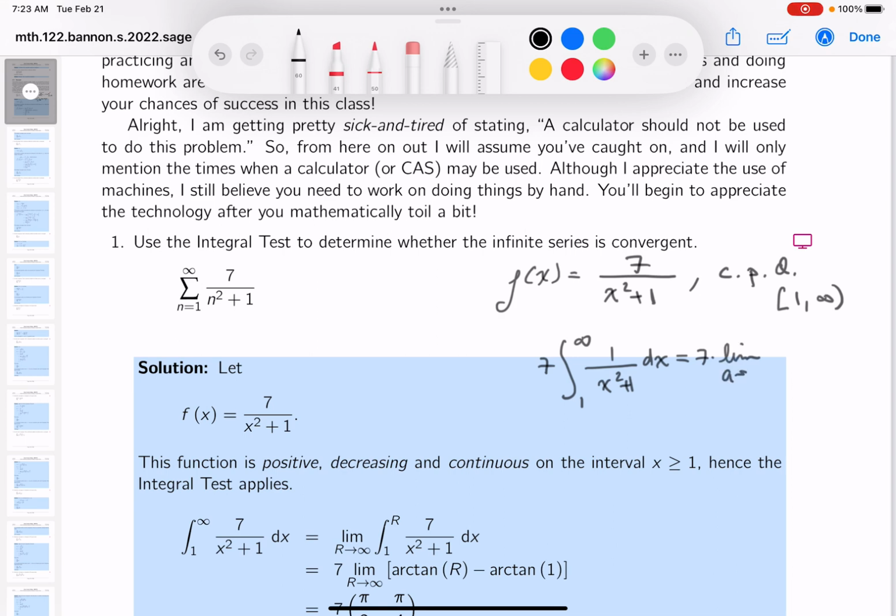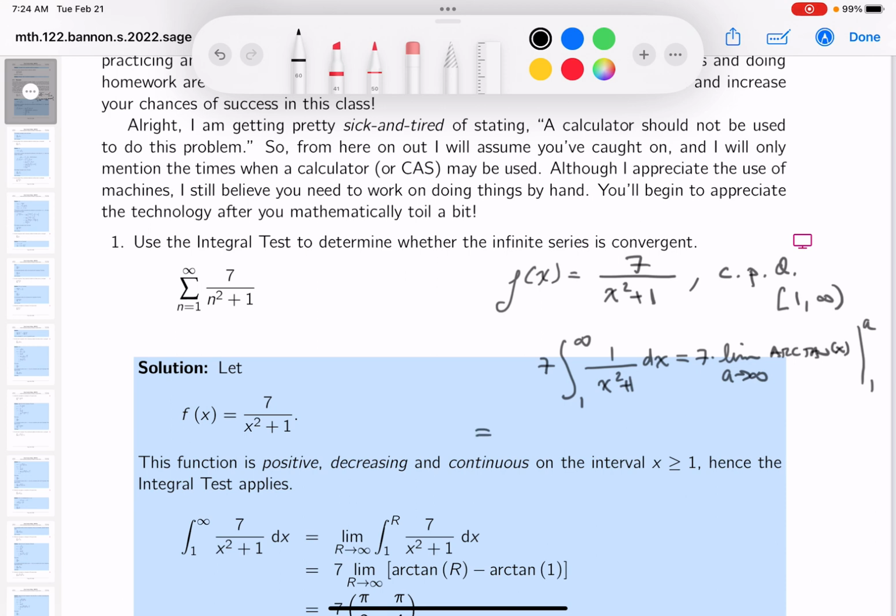I'm going to say a goes towards infinity. I can actually integrate this: it's arctangent of x, and we can go from 1 to a.